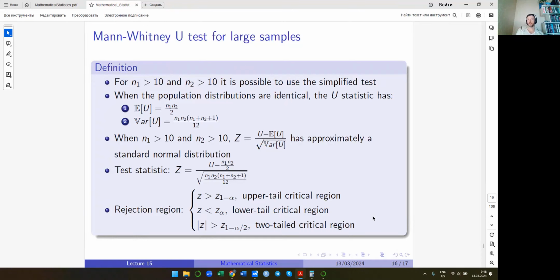And second, it is also able to deal with the problem of non-normal data because it doesn't take into account any parametric assumptions of the underlying random variables.